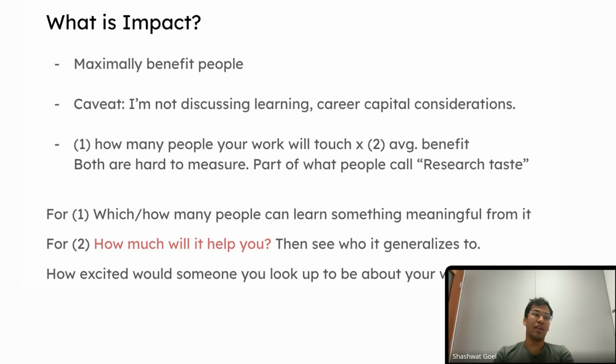The problem with long-term impact is that it's very hard to reason about. It's very difficult to say whether your research will be relevant 10 years from now, because it could be that your research was on LLMs and then someone just came and upended that entire paradigm and shifted to something where your research doesn't apply anymore.